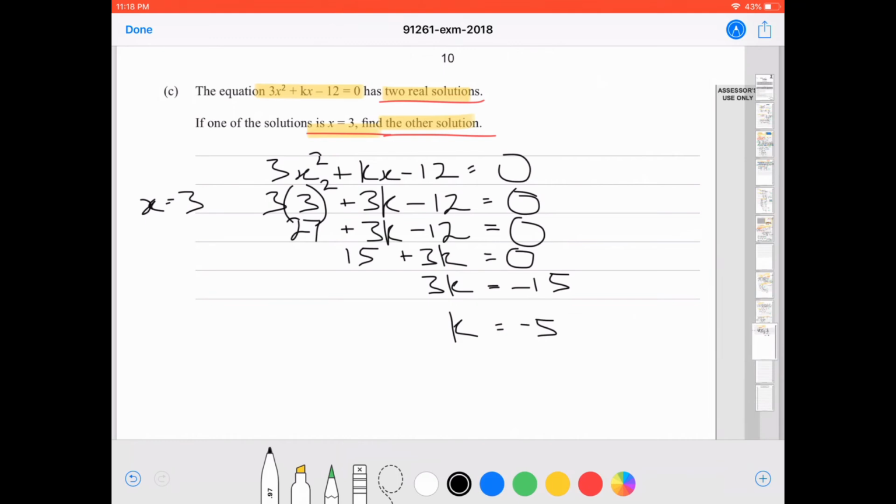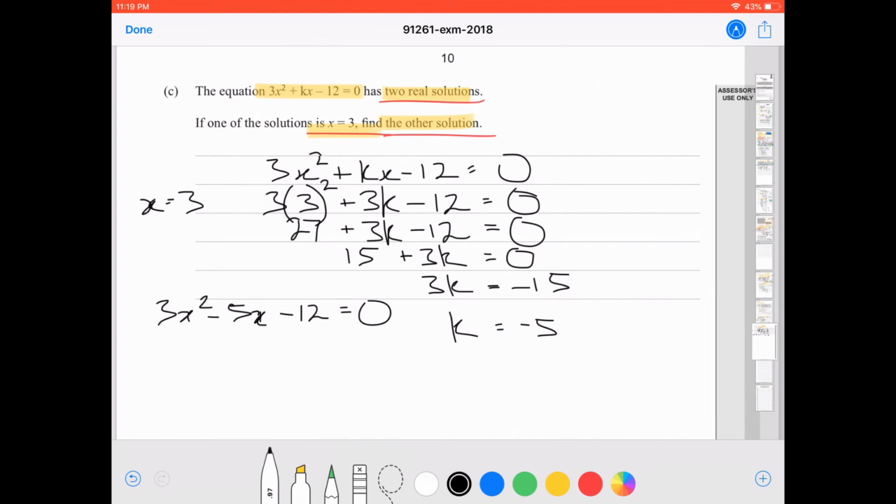Okay, so we've got a value for k. We're trying to find the other solution for the equation, so we can rewrite our original equation, 3x squared, and now we can say minus 5x, so we've substituted minus 5 for k here. Minus 12 equals 0. And this is something we are just going to use our calculator for.